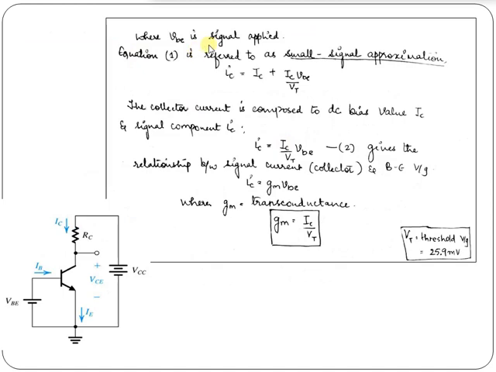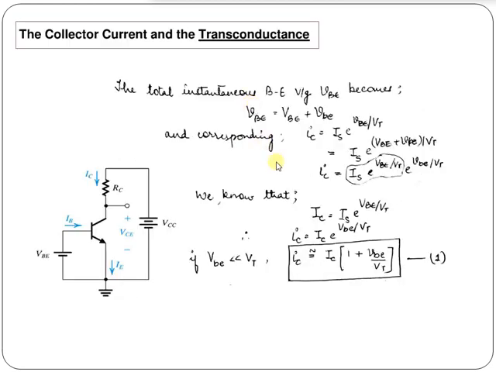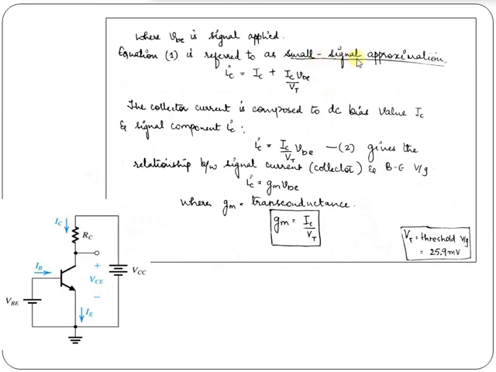Here vbe is the signal that is applied. This equation 1 is called the small signal approximation, and the instantaneous current iC is equal to IC plus IC by VT into vbe. The collector current is composed of the DC bias value IC and the signal component ic.